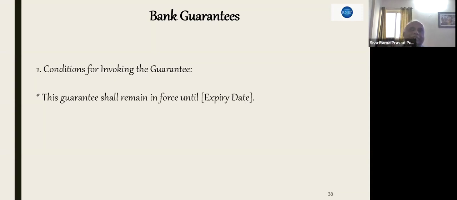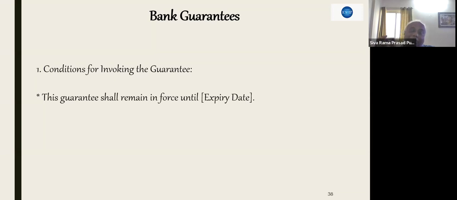Some people ask for a 3-month bank guarantee, valid up to a particular date, and say they will lodge the claim within 15 days after expiry. I have to wait. Even though the expiry date is over, the claim period is also there.